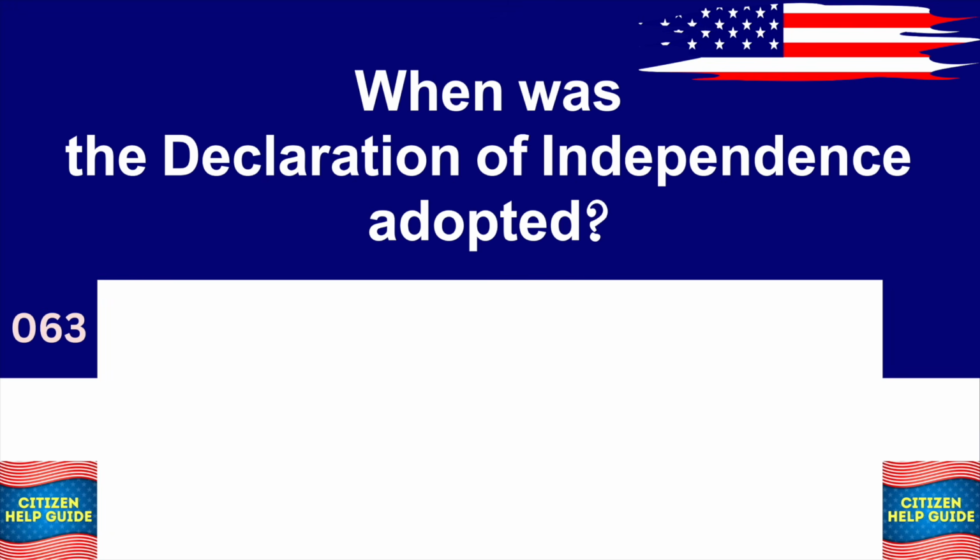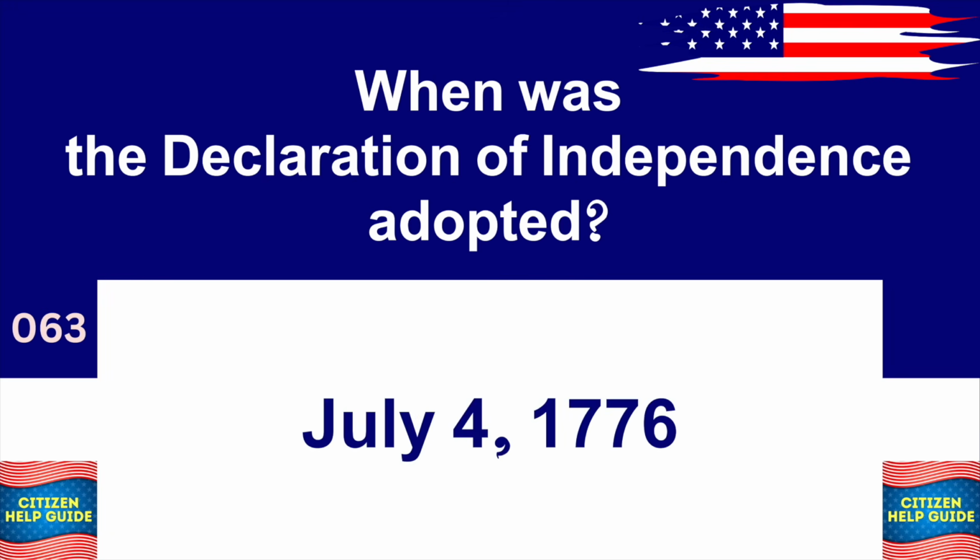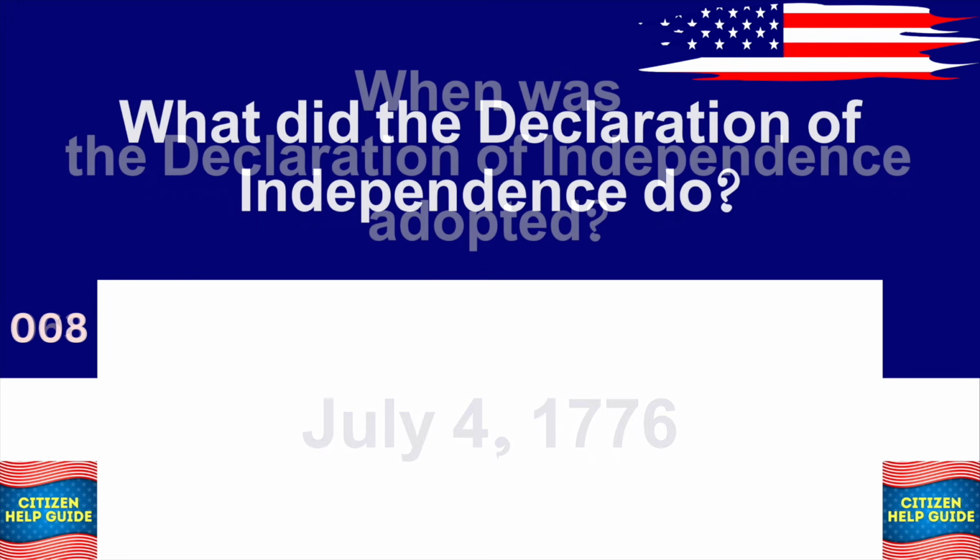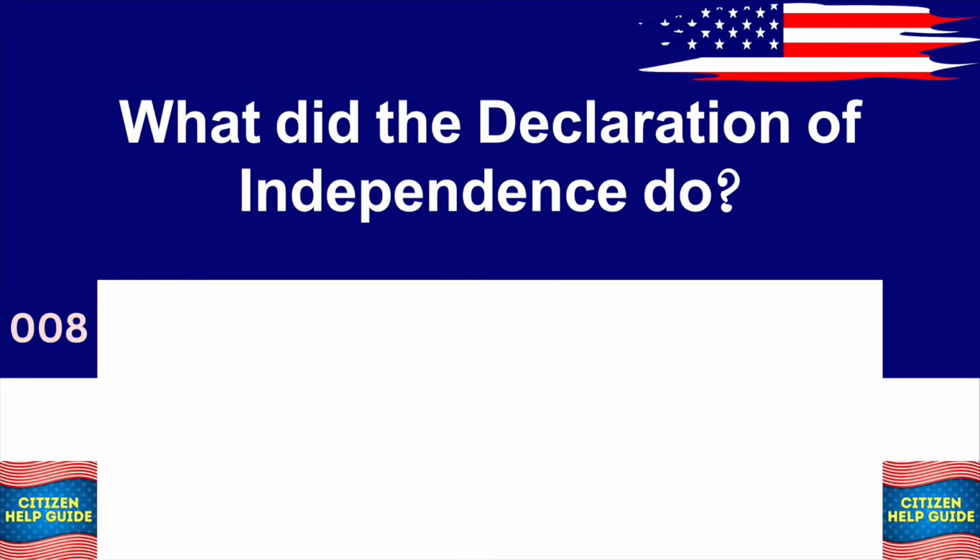When was the Declaration of Independence adopted? July 4, 1776. What did the Declaration of Independence do?